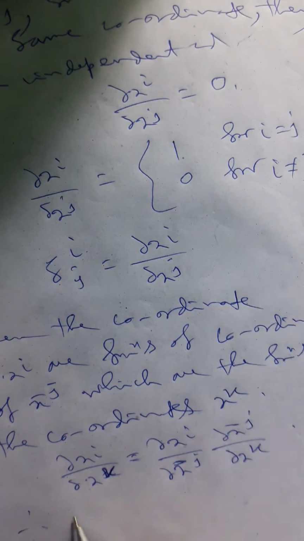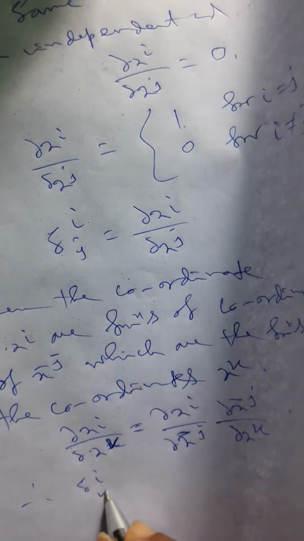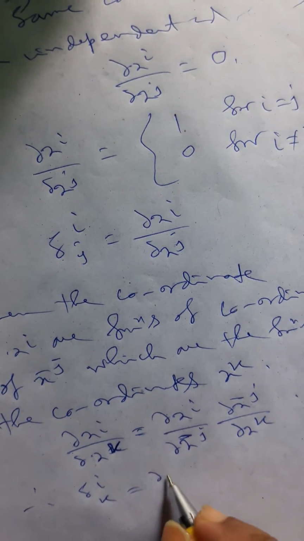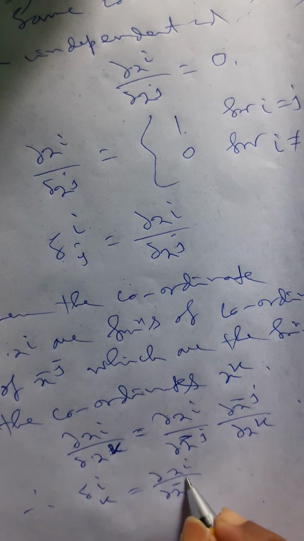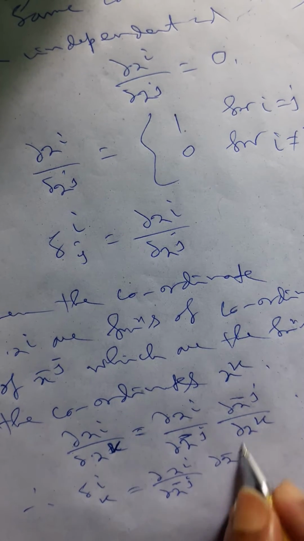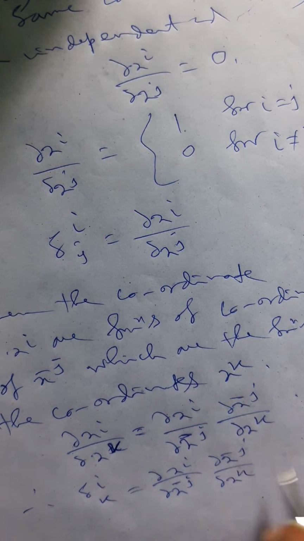Therefore we can write delta ik is equal to ∂xi/∂x bar j times ∂x bar j/∂xk in this way.